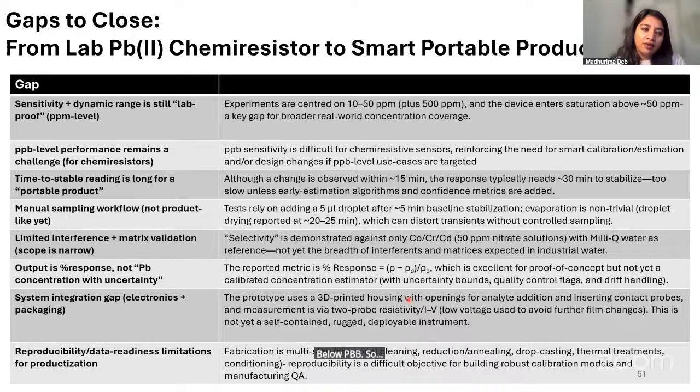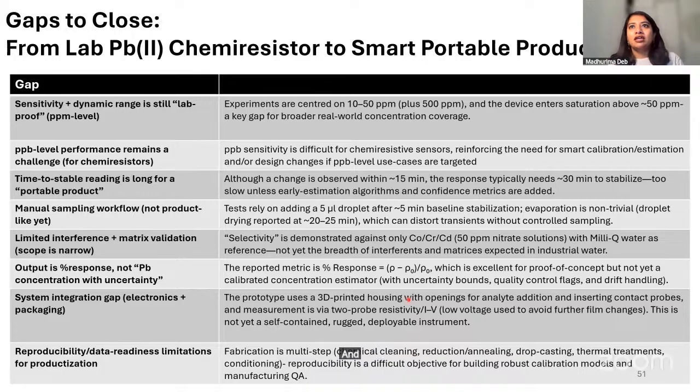I could also have included an alert component, where it would say below 10 ppb or above 10 ppb. That could also be done. This remained a challenge for my sensor, as I did not end up doing the correct calibration for the ppb level. So it requires more research and more data.